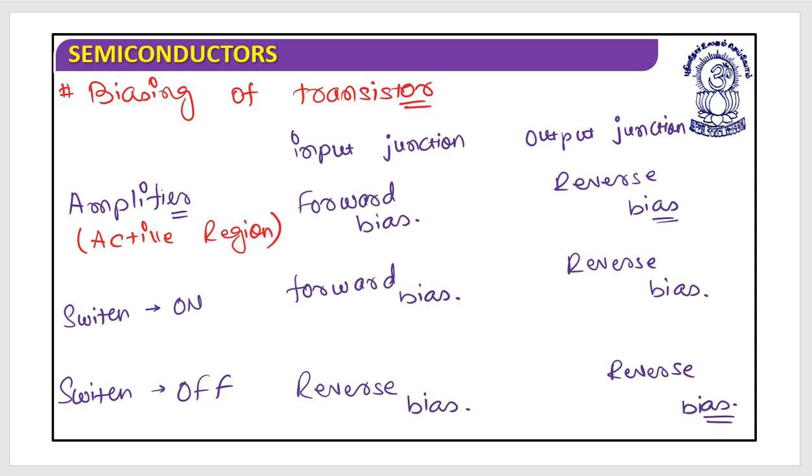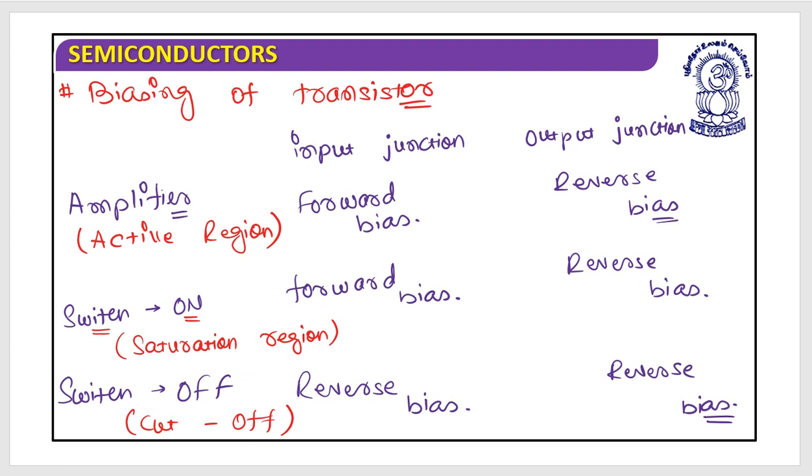When it works as a switch in the on state, it works in the saturation region. And when it is a switch in the off state, it works in the cutoff region. I hope this is clear.